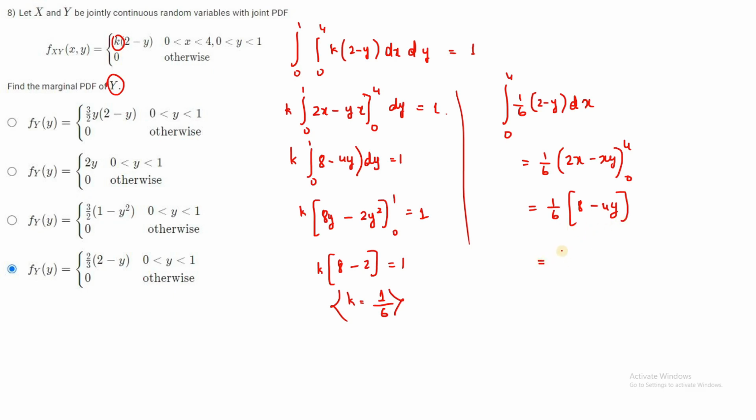Okay, so now 8 minus 4y all divided by 6. I can simplify this as 4 minus 2y divided by 3.